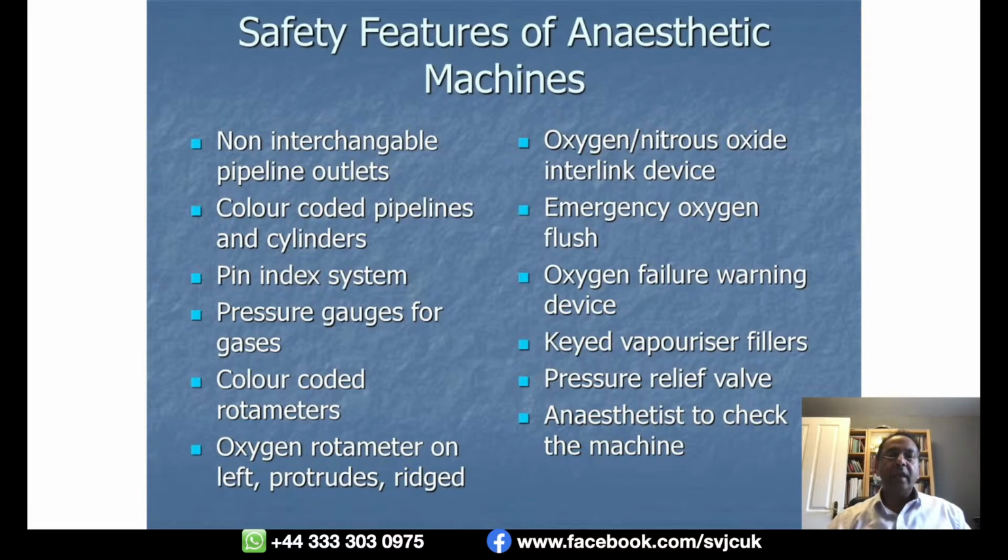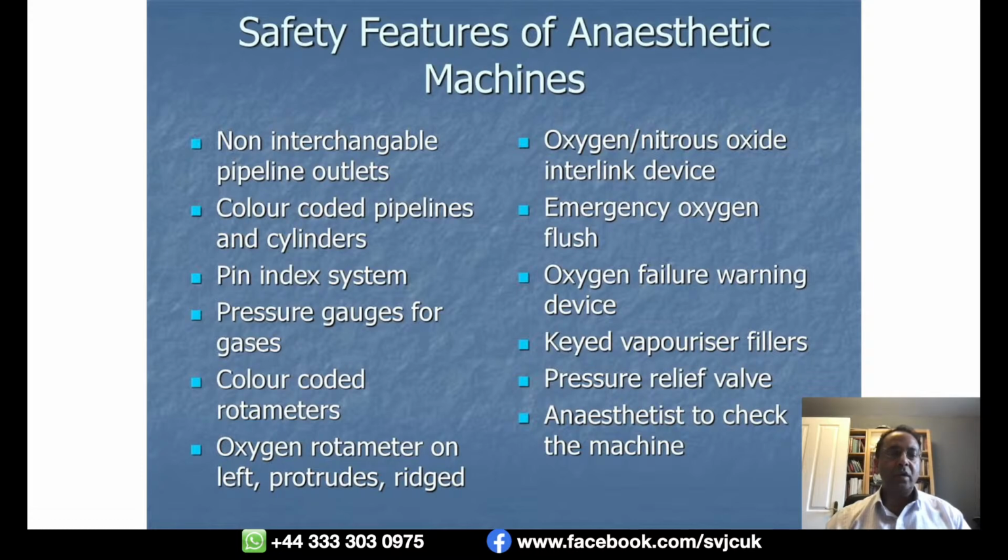In a nutshell, I just felt that I should put up a slide illustrating all the safety features of the anesthetic machine. You can see that there are non-interchangeable pipeline outlets. There are color-coded pipelines and cylinders. There is a pin index system. There are pressure gauges for anesthetic gases, and there are color-coded rotameters.